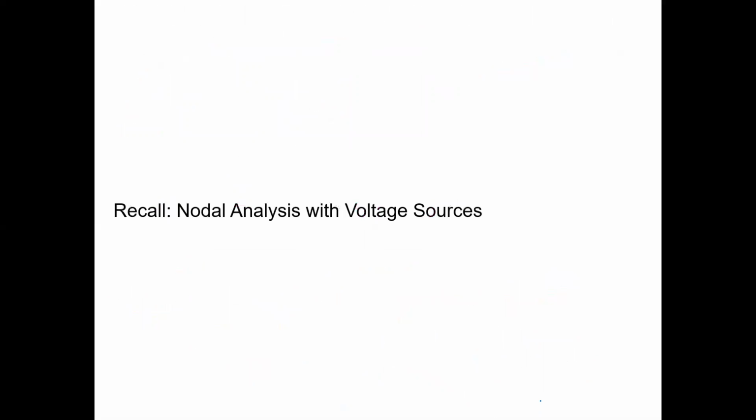And of course, remember that nodal analysis with voltage sources is going to bring up those things called supernodes, which you're going to run into sometimes. That's when you have a floating voltage source. Remember, case 1 of nodal analysis with voltage sources is the easy way, where the voltage source is connected to ground.